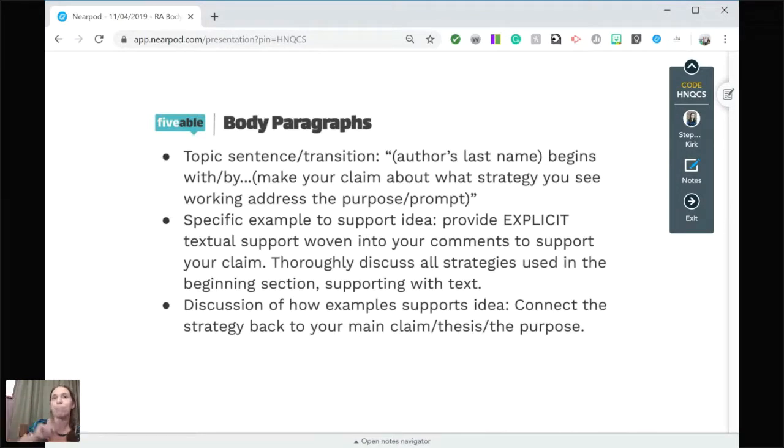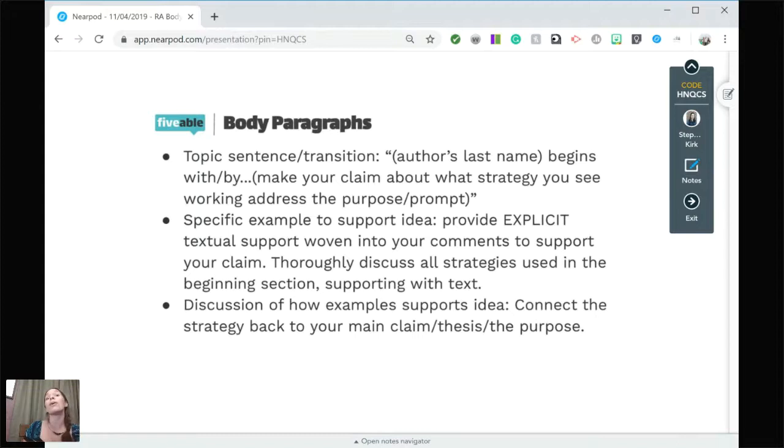Next, specific examples to support the ideas. It has to be explicit textual evidence, okay? Pull it from the text. Go back to your notes when you annotated and pull in these little pieces, and that's going to help you as you go along, okay?